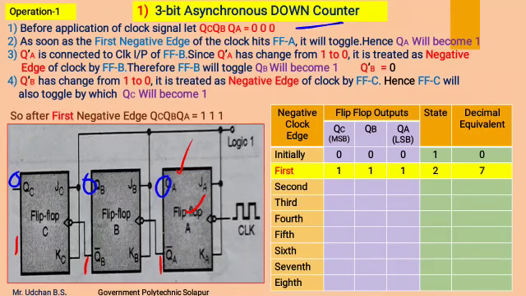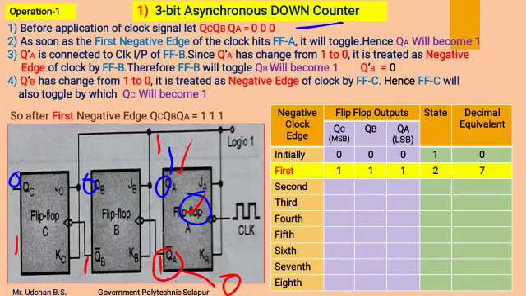Now, as the first negative edge of the clock hits flip-flop A, it will get toggled, by which QA will change to 1. As QA is changing from 0 to 1, QA complement will change to 0.